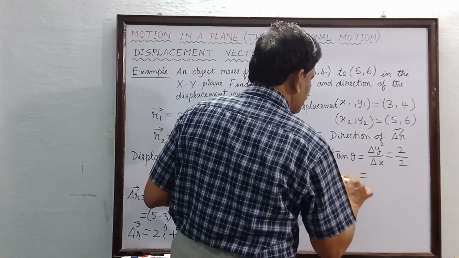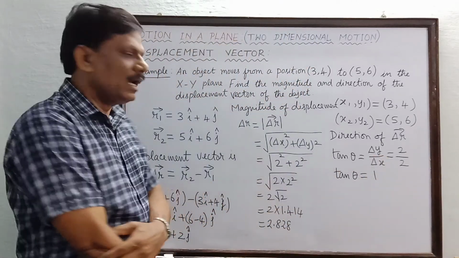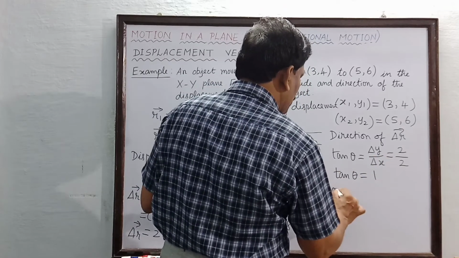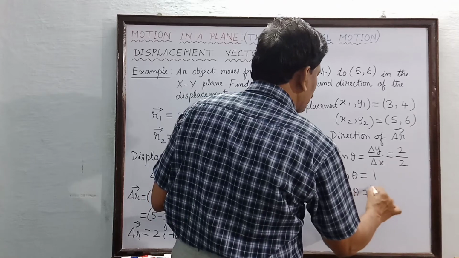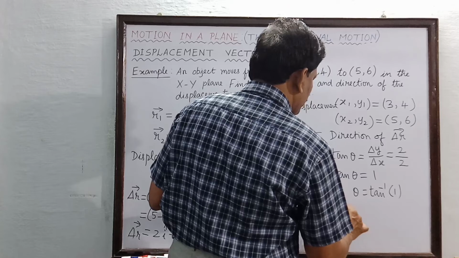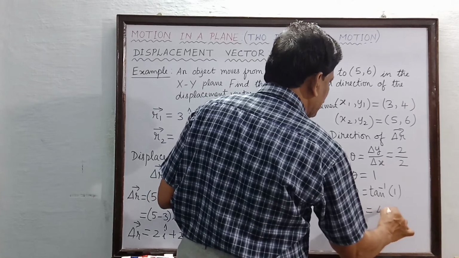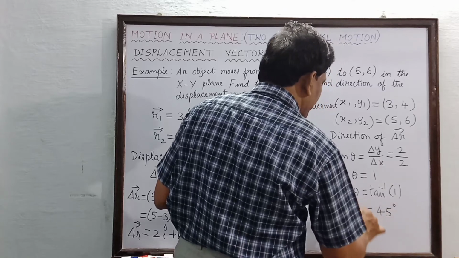So tan theta is equal to 1. Or theta is equal to tan inverse of 1. Tan inverse of 1 is 45 degrees. So theta is equal to 45 degrees.